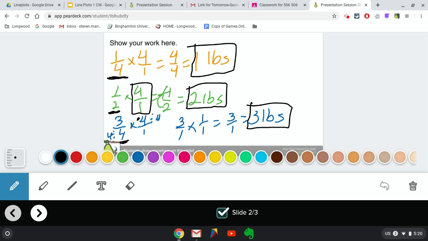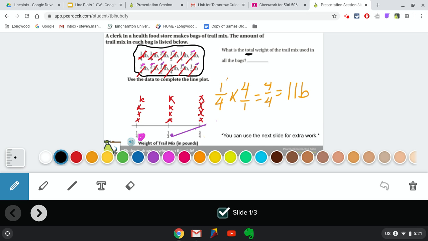Now, if I want the total for everything, all I have to do is add up these 3 numbers, right? The 1/4, the 1/2 pound bags, and the 3/4 pound bags. So I have 1 plus 2 is 3, plus 3 is going to give me 6 pounds. So for the first part of this question, our answer is 6 pounds. So in all the bags, it's 6 pounds.